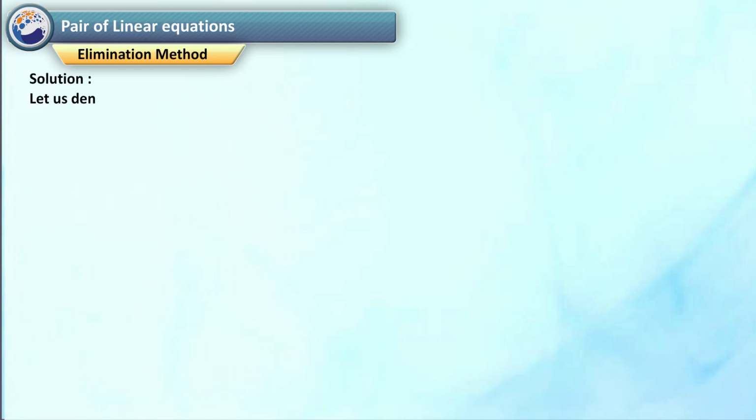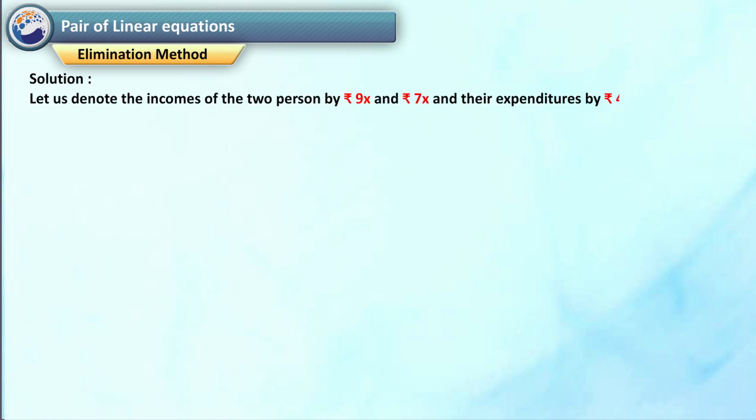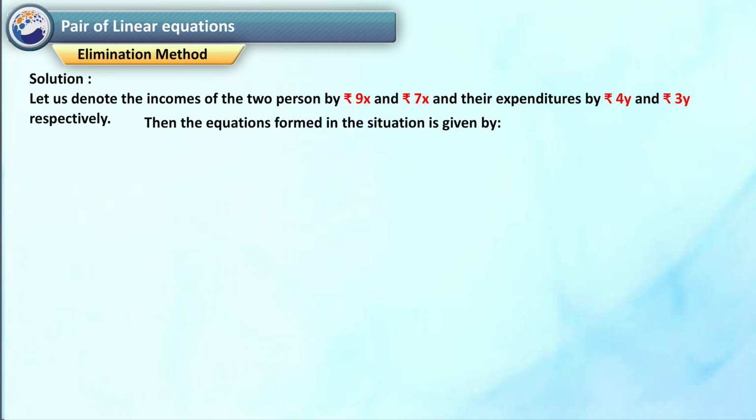Solution. Let us denote the incomes of the two persons by rupees 9x and rupees 7x and their expenditures by rupees 4y and rupees 3y respectively. Then the equations formed in the situation are 9x minus 4y is equal to 2000, equation 1, and 7x minus 3y is equal to 2000, equation 2.